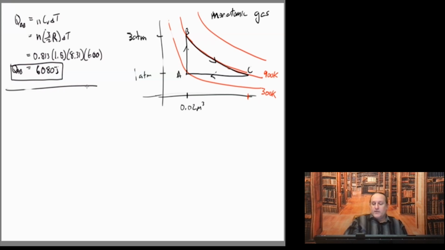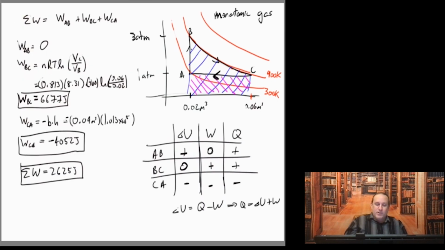Okay, so how about going from B to C? So B to C is isothermal. We remember that delta U, which is equal to Q minus W, is equal to 0 for an isothermal process, since the temperature doesn't change, and that means the Q BC is just equal to the work BC, and we already computed work BC.